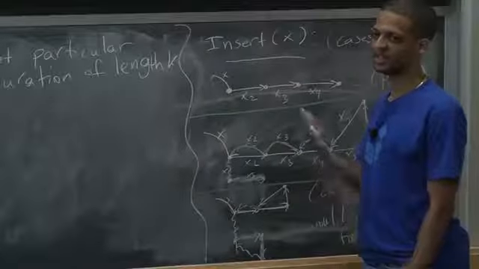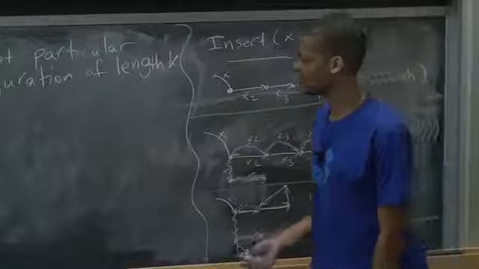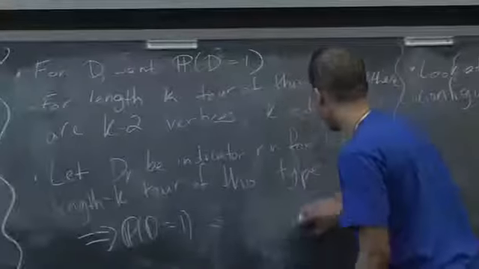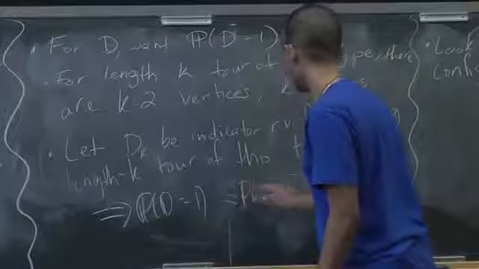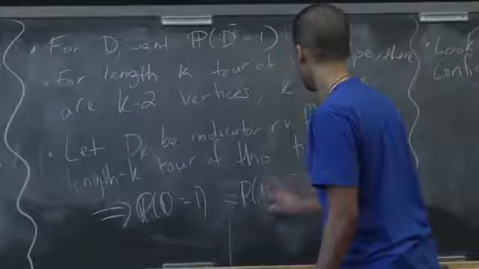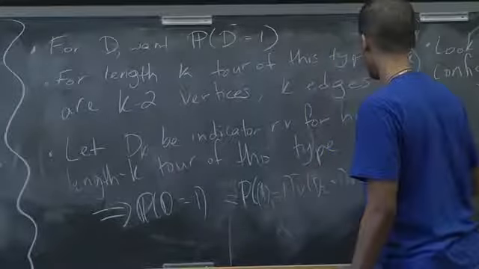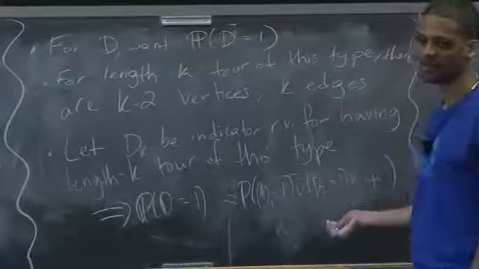So I'm just trying every possible k. If you want me to be more pedantic, this is the probability that d1 equals 1, or d2 equals 1, or forever. And then by the union bound, you can say this is at most the sum of those events.